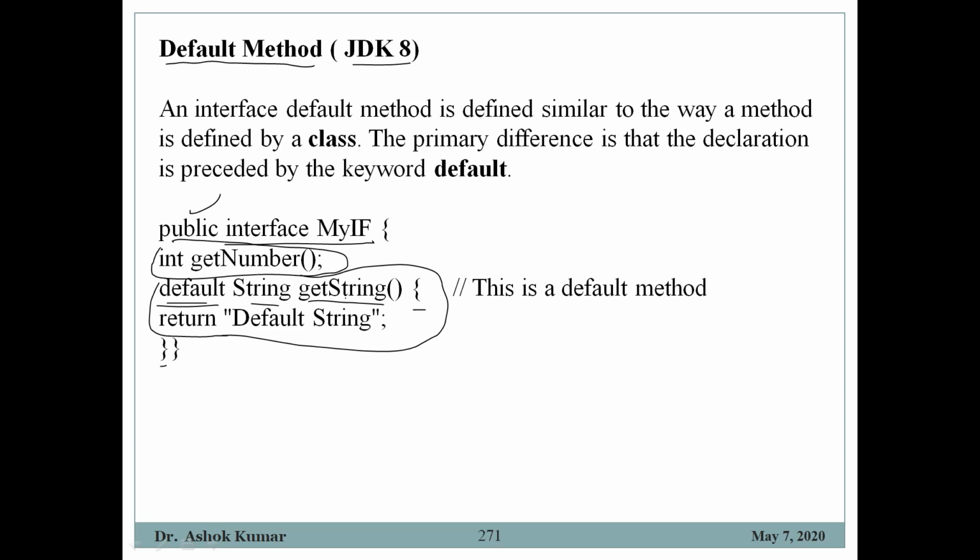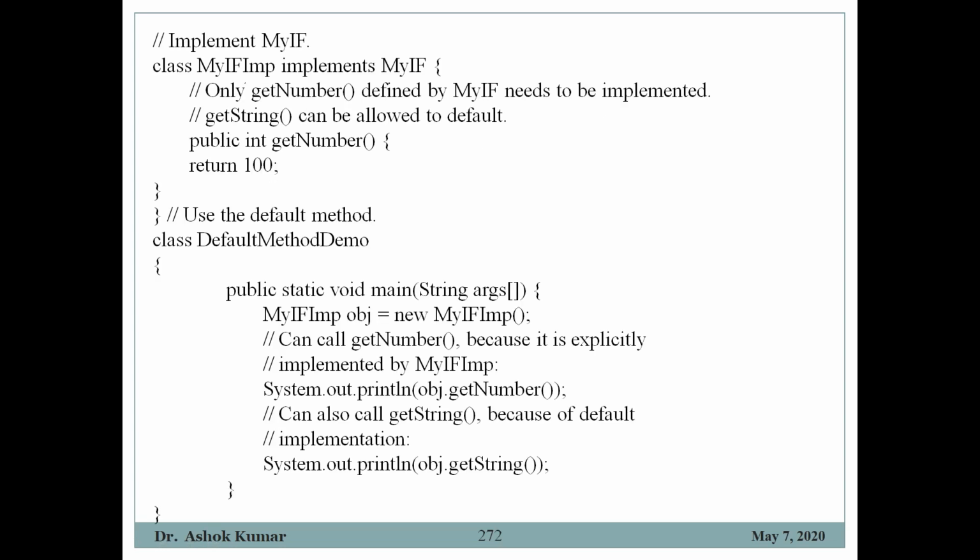So here is the complete example to make the concept clear. We have here class IF implementation, my interface implementation. It is implementing my IF. So this is my IF, which I showed you on the previous slide.